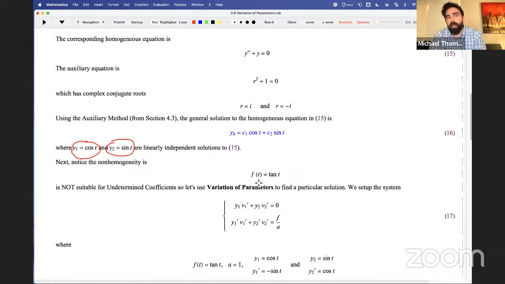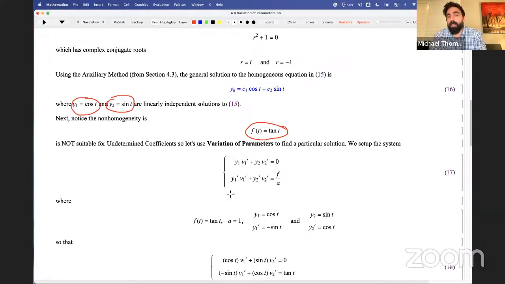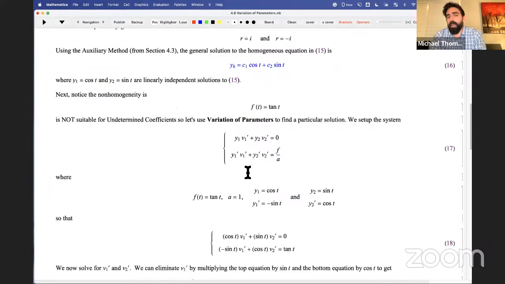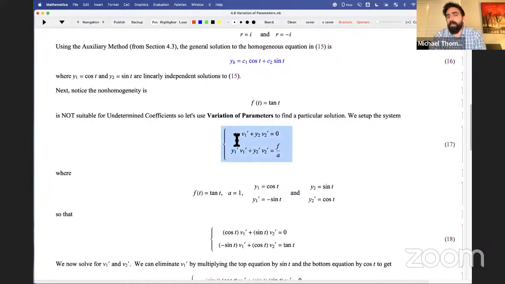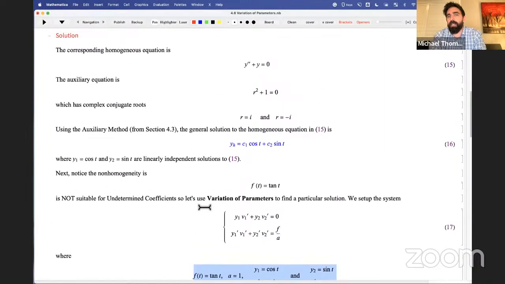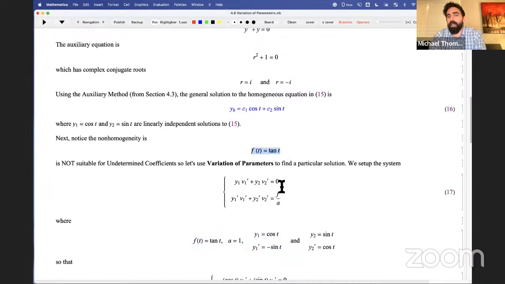All right, so finally, we're going to need YP. Variation of parameters applies here because it's a tangent function. So we're going to set up our system. You just copy down this form for your system. As far as the values for the different parameters here, the f function in this case is tangent t, so that goes up top.